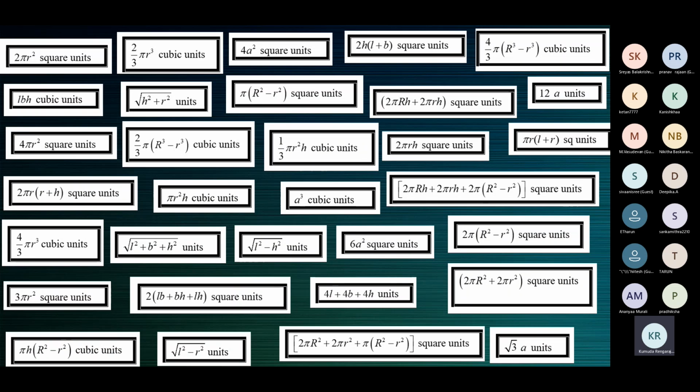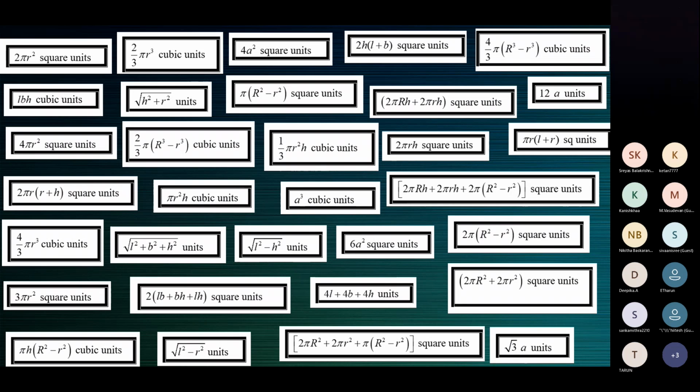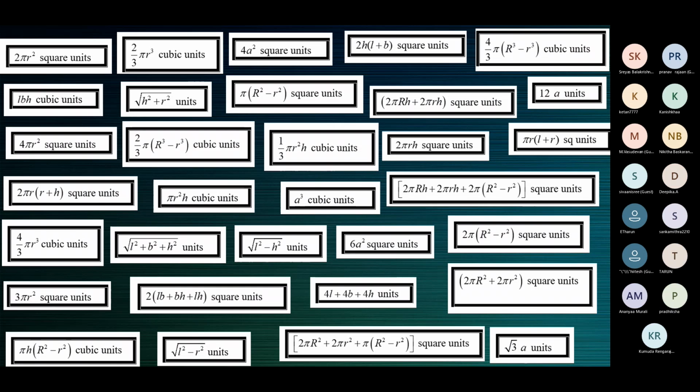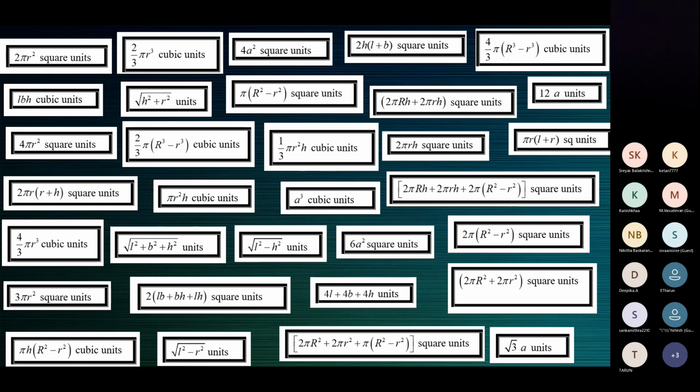Then what is the CSA of a hemisphere? Ma'am, that is 2 pi r square. TSA? 3 pi r square. Somebody for a sphere?